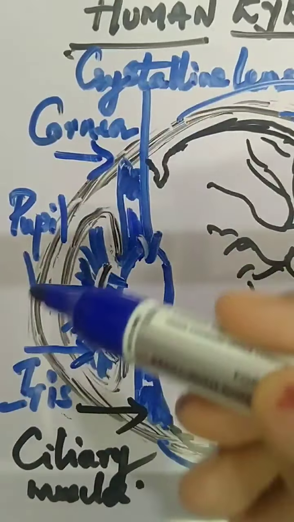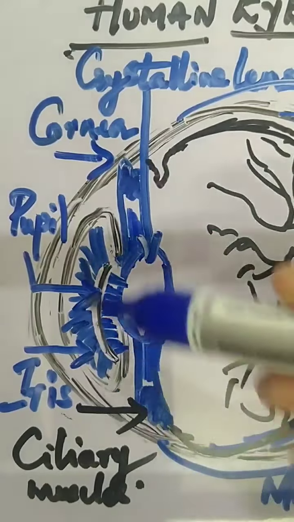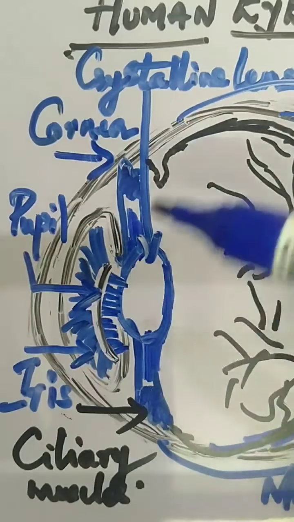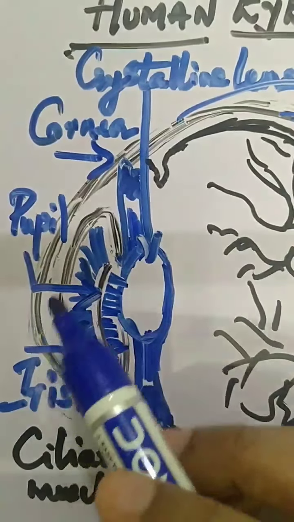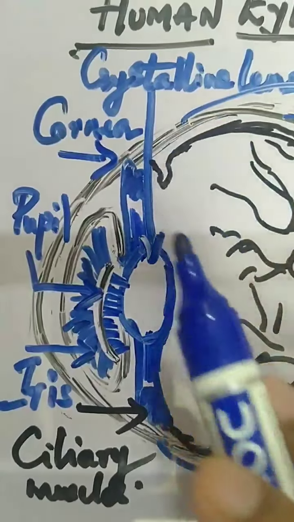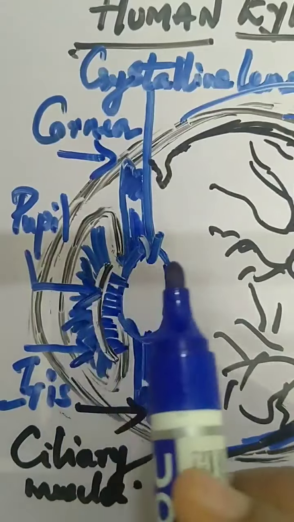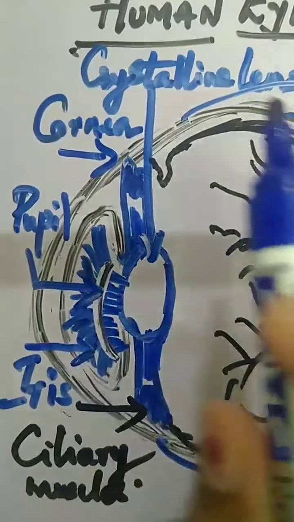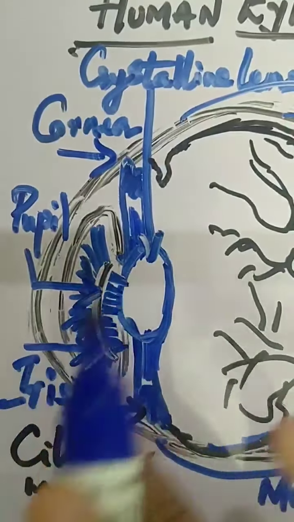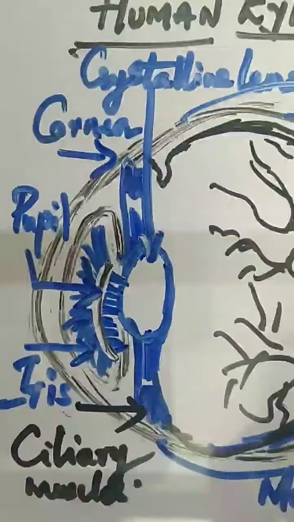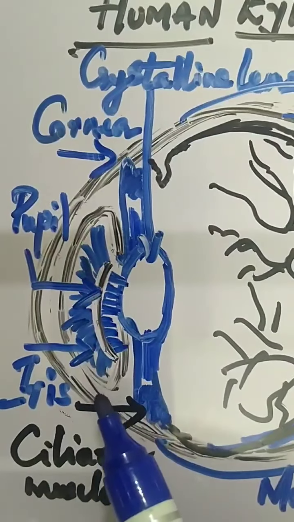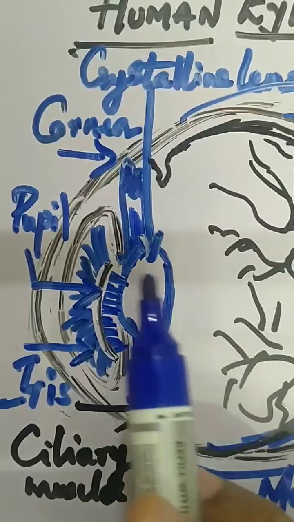Similarly, a thin transparent membrane is called the cornea. So a very thin transparent membrane on the human eye is called the cornea. Please remember, children, nobody will ask you to write a short note on the human eye. You have to learn the diagram of the human eye very well and the function of each part.